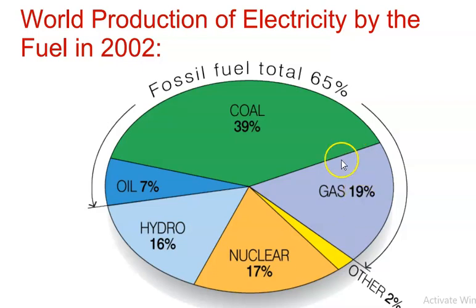We can see that coal constitutes the major part, 39% of total electricity production, whereas gas constitutes 19% and oil constitutes 7%. It means that total electricity generated by fossil fuels is around 65%.